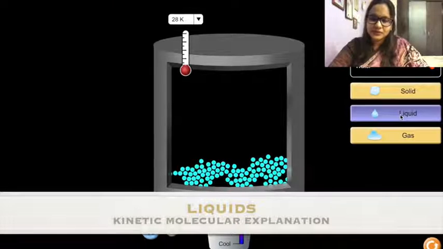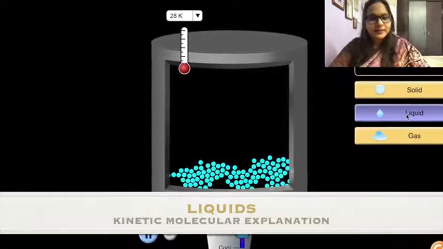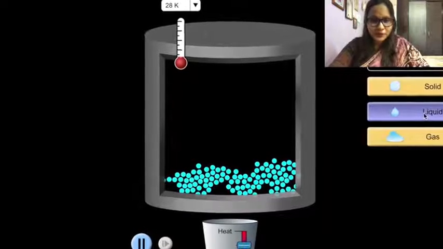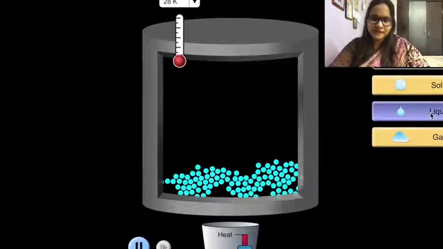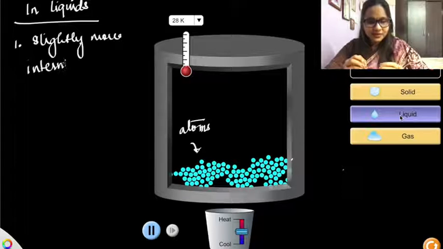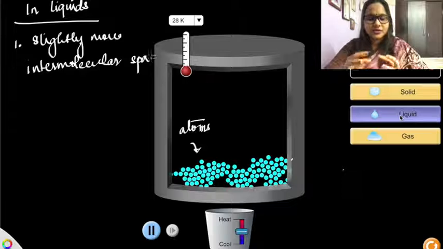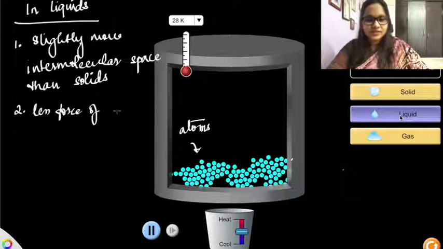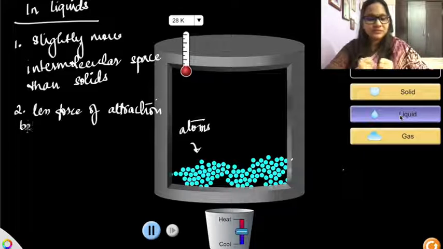In our previous video, we defined a liquid by talking about how it has a definite mass, a definite volume, but it does not have a definite shape. Now, in liquids, the particles are slightly far apart because of slightly lesser force of attraction between the particles as compared to solids. So there is a small intermolecular distance between the particles.